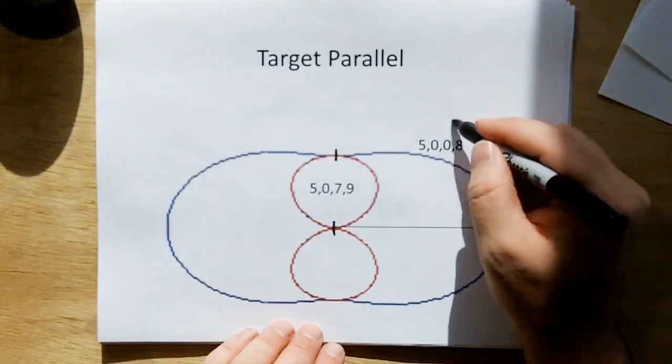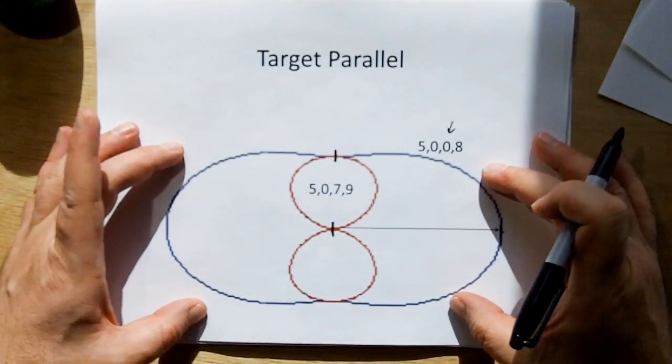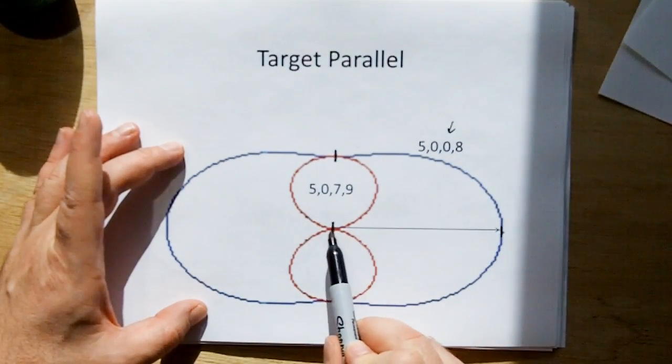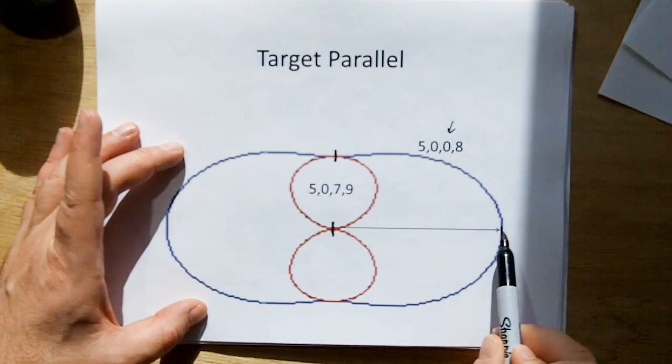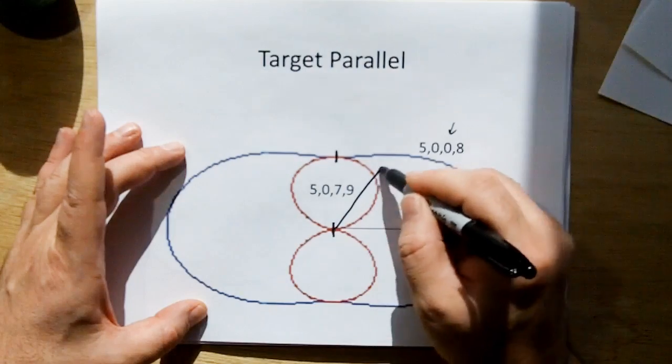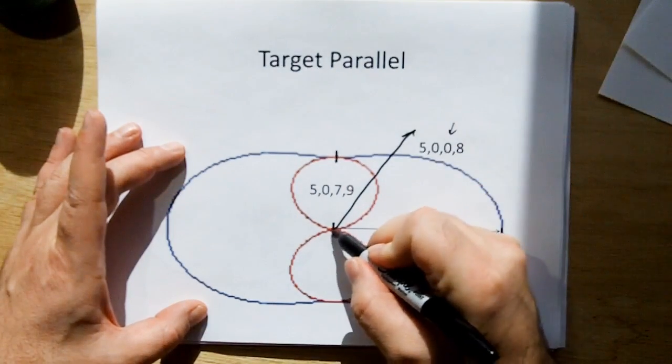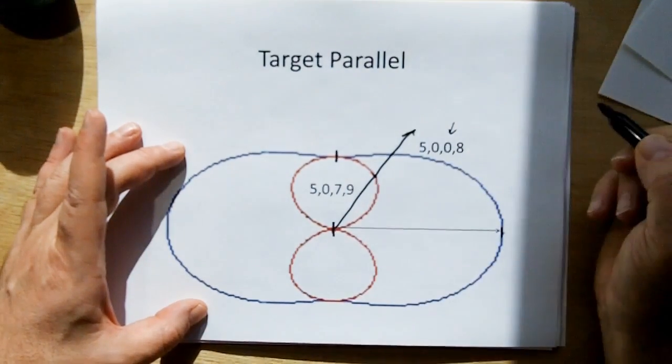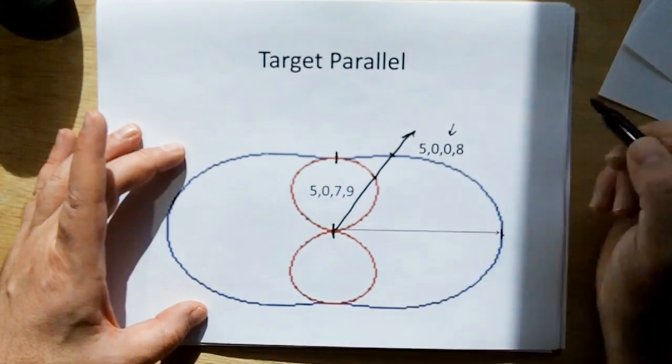You can see 5008 gives a very good dipole pattern, whereas 5079 shows no energy is coupled across the broadside. The way you read this is, this amplitude plot is the amplitude in this direction. That's the amplitude of 5079, and that's the amplitude of 5008.